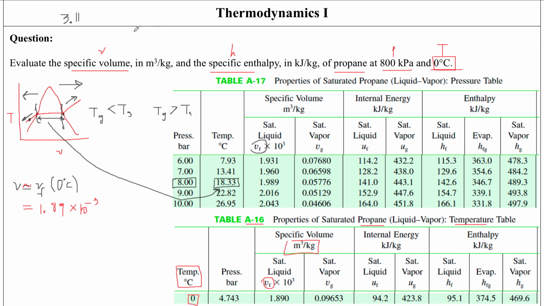The other thing we need to find is specific enthalpy, and for that, from equation 3.14 in Shapiro's book, which we discussed in one of my previous videos, you can approximate the specific enthalpy by looking at the saturated liquid specific enthalpy in the temperature table at the given temperature. So now you go to enthalpy and look at the value of HF, which is 95.1 kilojoules per kilogram.